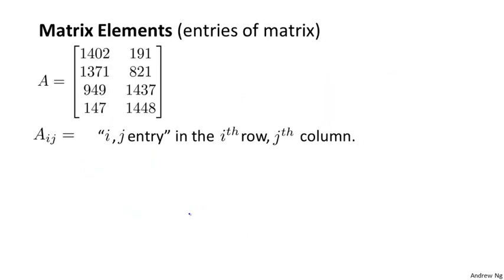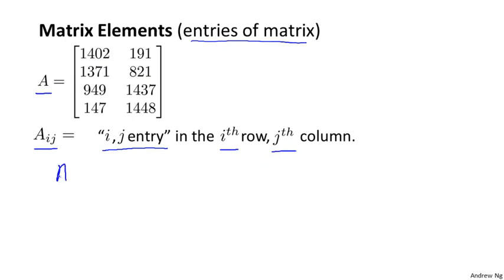Next, let's talk about how to refer to specific elements of the matrix. By matrix elements, I just mean the entries or the numbers inside the matrix. So in the standard notation, if A is this matrix here, then A subscript ij refers to the i, j entry, meaning the entry in the ith row and the jth column.